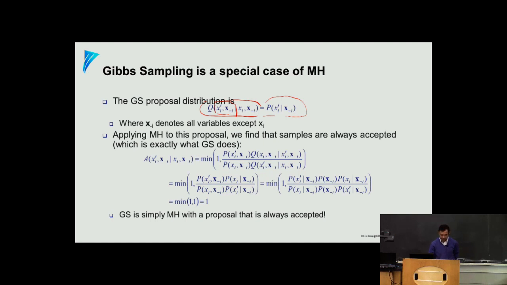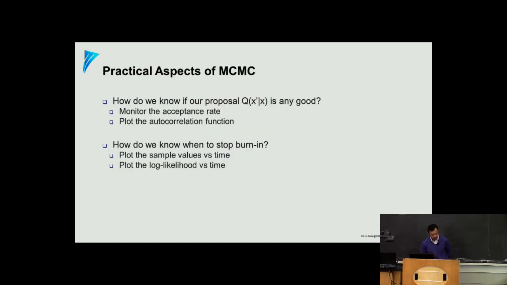And I turned it into as simple as just proposing one xi, and keeping all the other x, the xi complement, the same as before. That's the one reduction. And you can also compute this acceptance rate. I'm not going to walk through the math; you can show to yourself that it is equal to 1. All right, so we have two algorithms with proper theoretical justifications of their correctness.